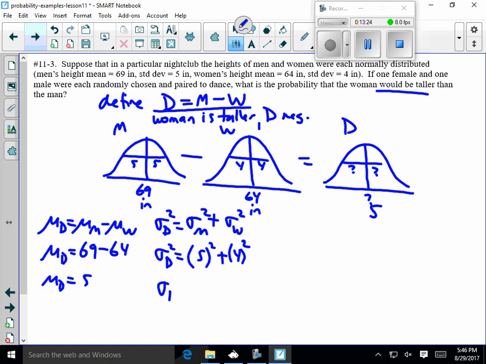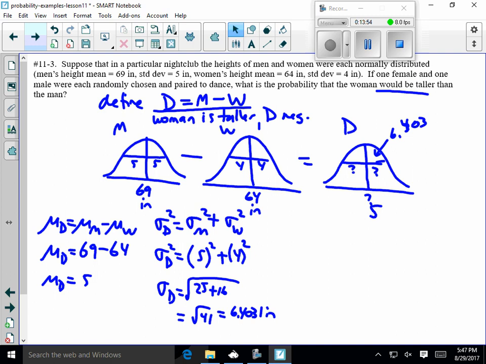So the standard deviation is the square root of 25 plus 16, which is the square root of 41, which is 6.4031 inches, approximately 6.403. Okay, so the first part of the problem is to define the mean and standard deviation.